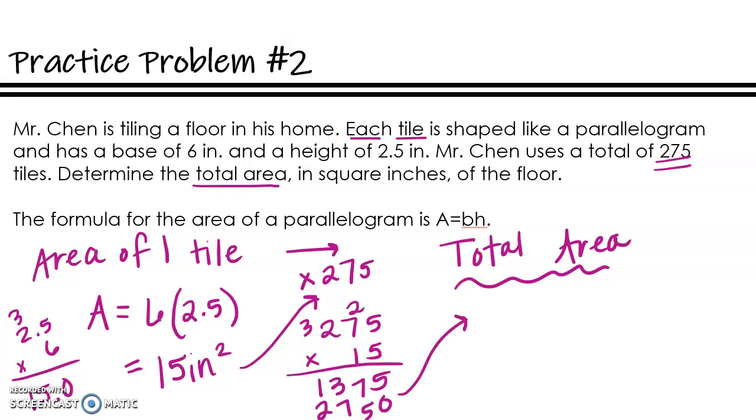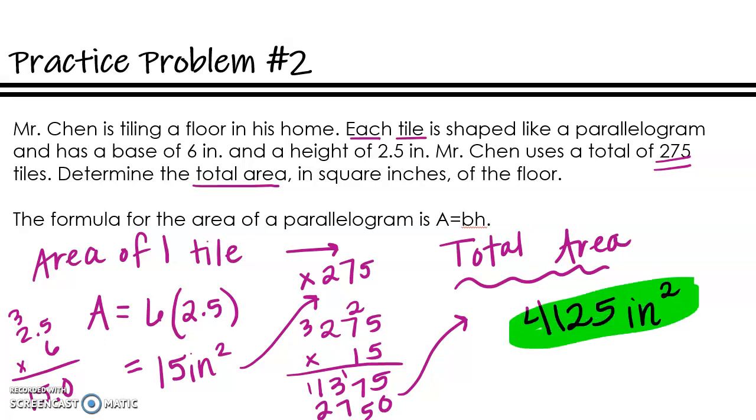And my final answer, just kind of adding over here to the side because I ran out of room. And that is going to be 4,125 inches squared. And that is my final answer for the total area of that space.